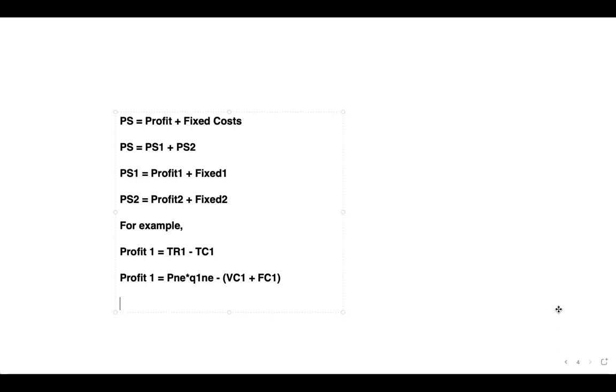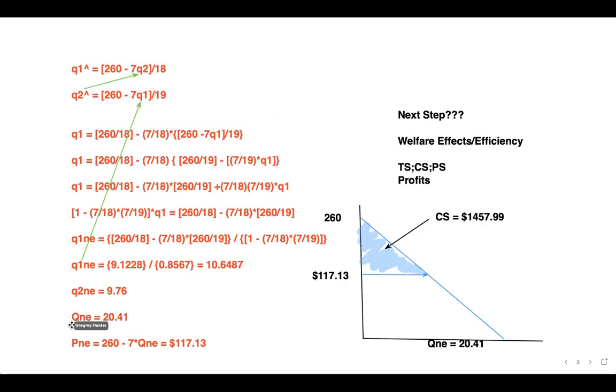Yeah. Okay. So that was Miles. What about you, Russell? Yeah, I think so. Because we're just going to come back here and say, oh, well, our price was 117, right? We know for firm 1 there were 10.6487 units, right?